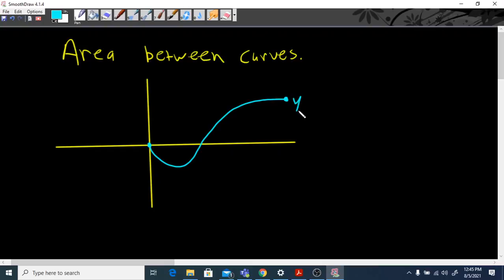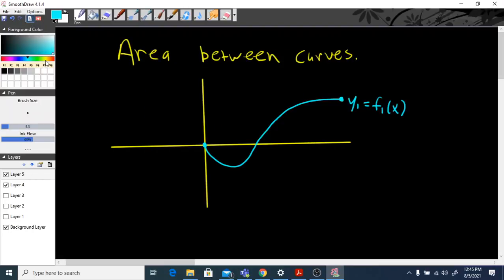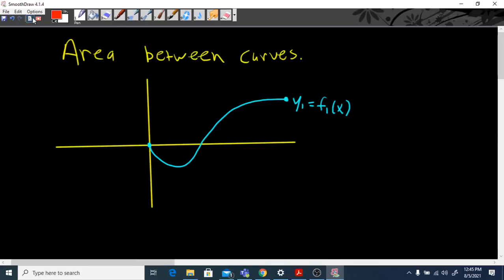Let's call this y1, which is just f1. And let's have a second one here. And what we'll do, we'll start this one off here. So we have something like this.